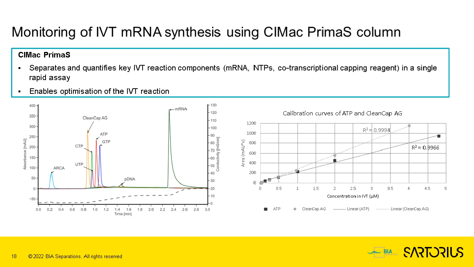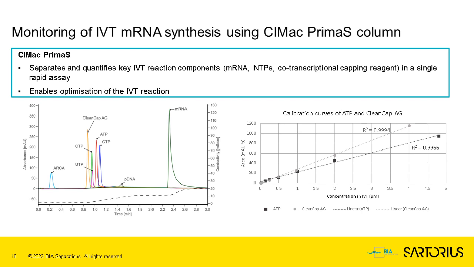from a peak that combines both UTP and CTP, which is then in turn separated from various capping reagents. I show here examples of CleanCap AG and ARCA. CleanCap GG can also be separated at a discrete retention time.